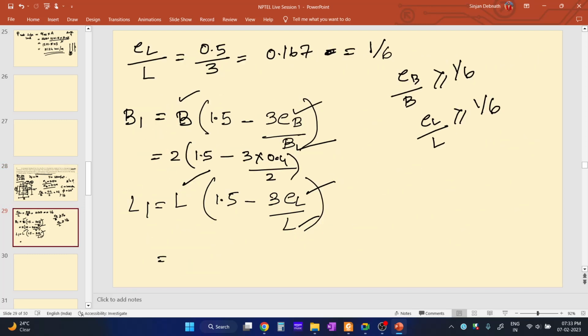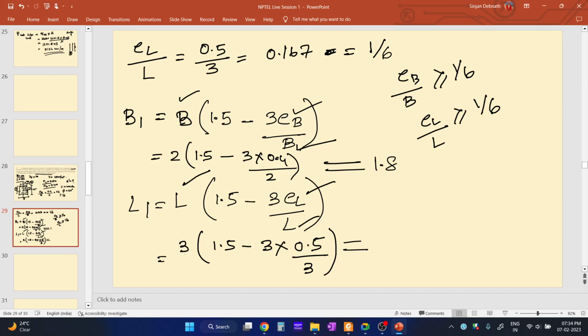L is 3 meter, 1.5 minus 3 into EL by L. What is EL? EL is 0.5, and this L is 3 meter. Now if we solve these two, B1 will be equal to 1.8 meter and L1 will be equal to 3 meter.